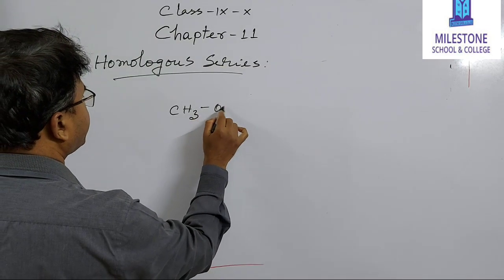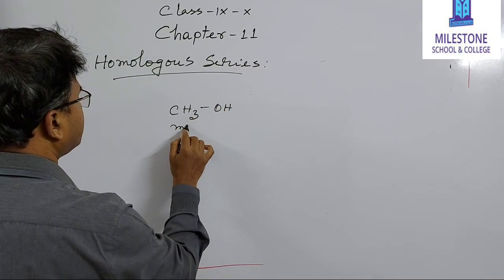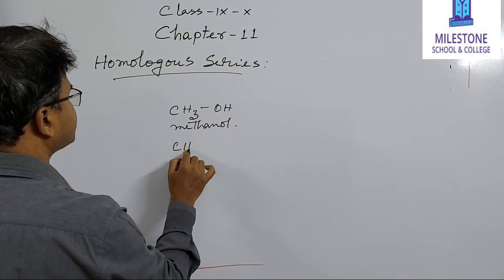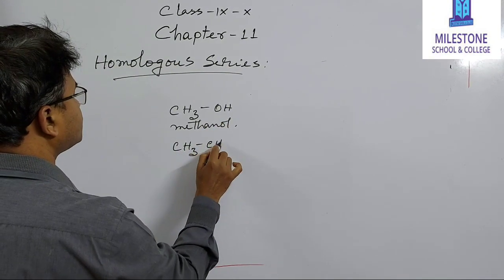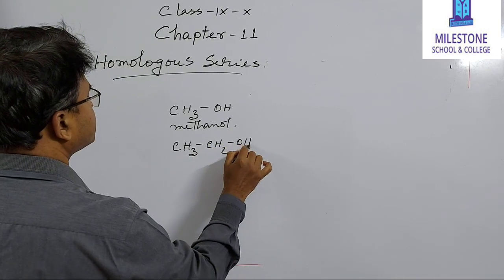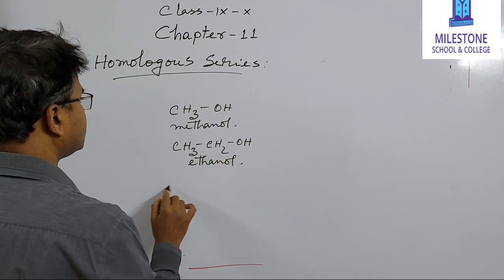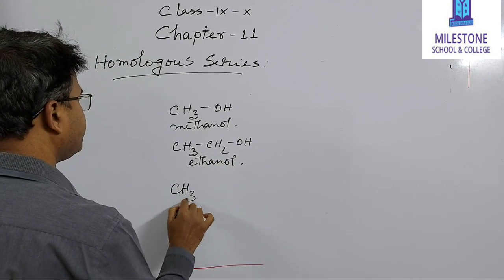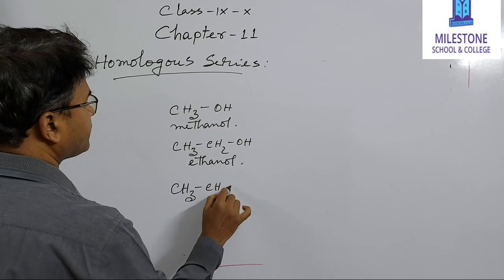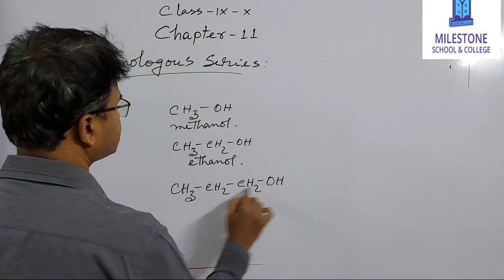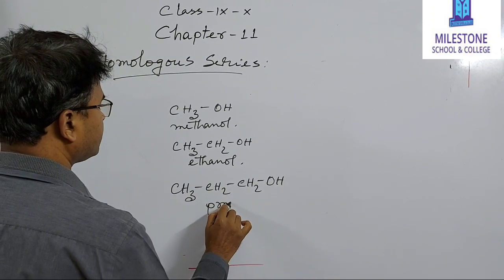CH3-OH, methanol. CH3-CH2-OH, ethanol. CH3-CH2-CH2-OH. This is propanol-1.